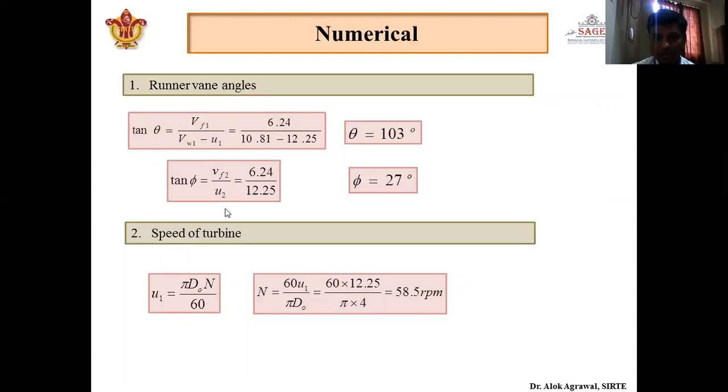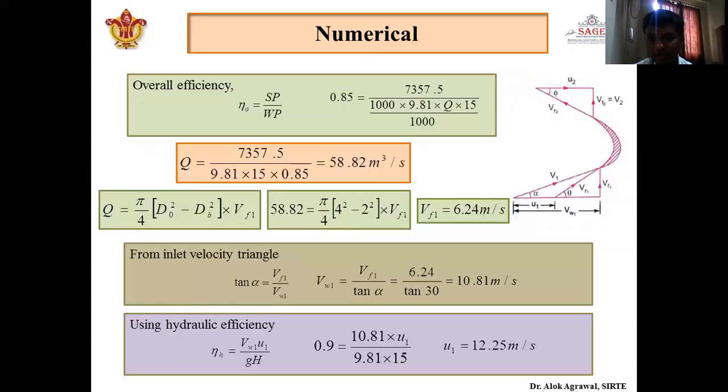Now see here, theta is 103 degrees. So the velocity triangle that we have considered will not be the case like this. This Vr1 will be on this side. It can be shown like this. I'm trying to plot it.